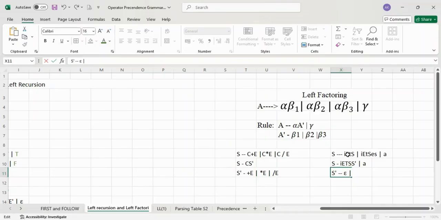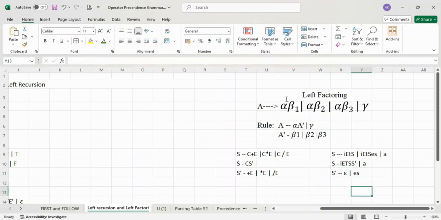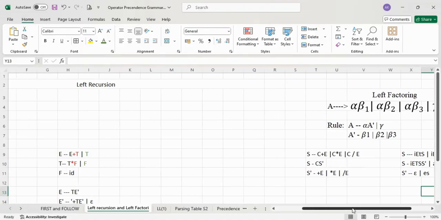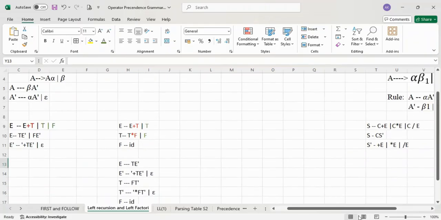So here beta 1 is missing, and here my beta 2 is ES. If beta 1 or beta 2 or beta 3 is missing, you have to write epsilon in place of that beta, and my beta 2 in this case is ES. So this is how you remove left factoring.